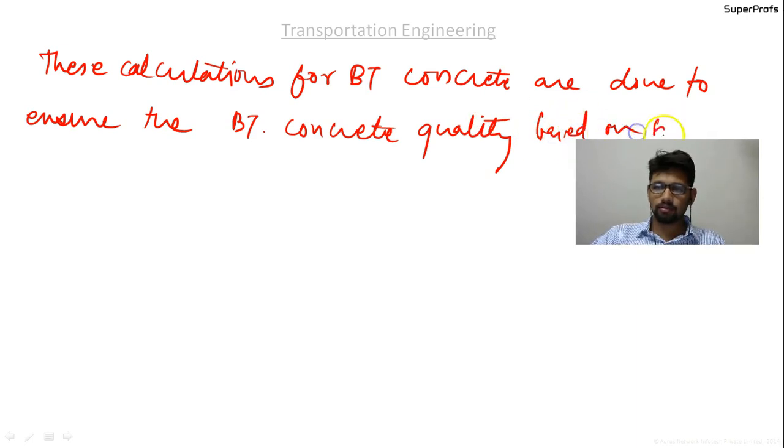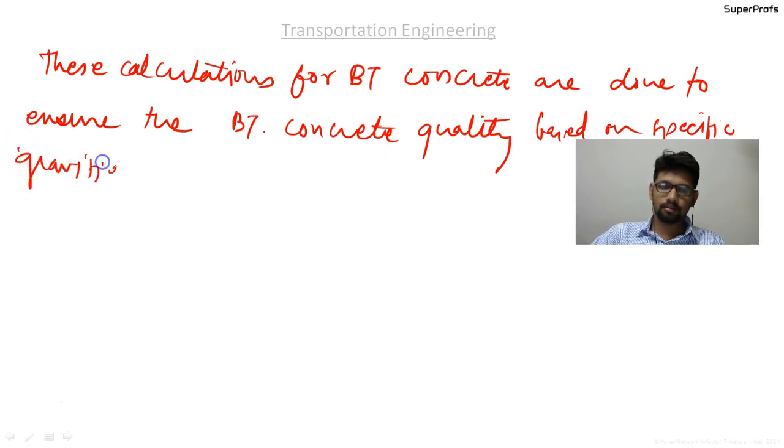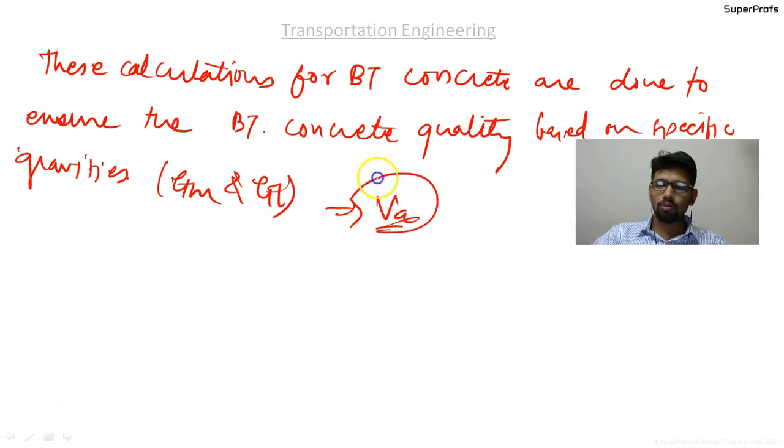All these calculations for bitumen concrete are made to ensure the bitumen concrete quality based on specific gravities, okay. So based on gm and gt we get the volume of voids. Based on this we ensure the bitumen concrete quality.